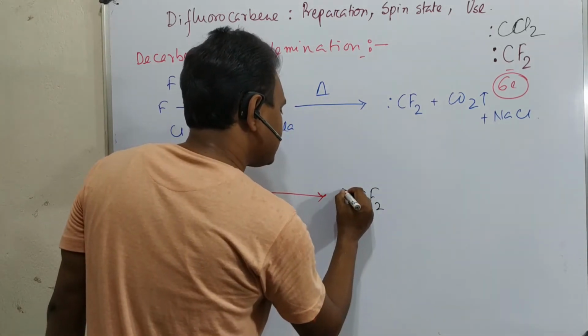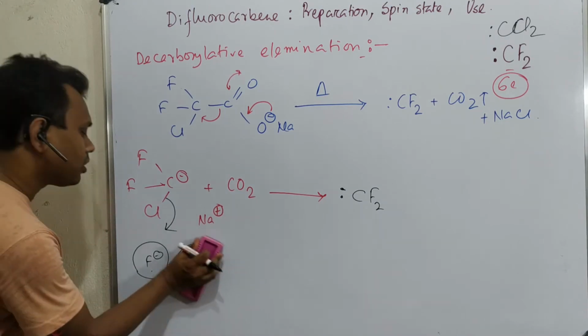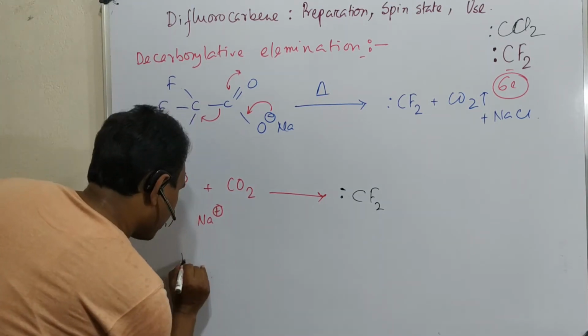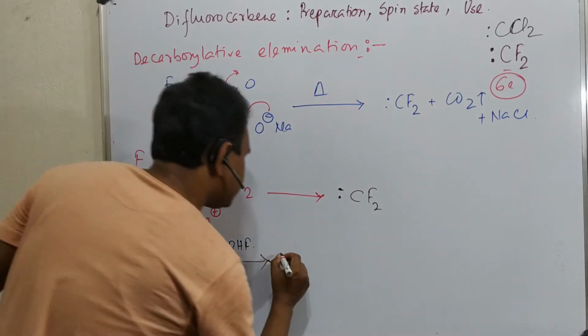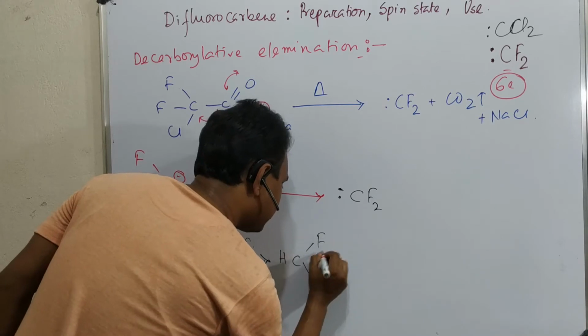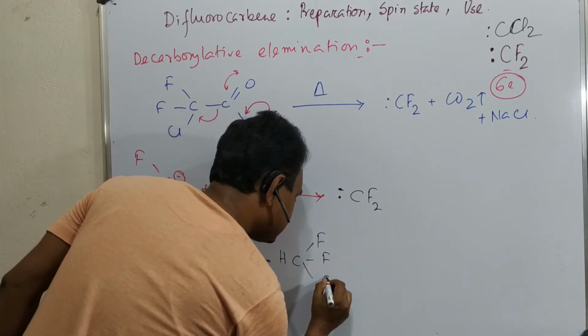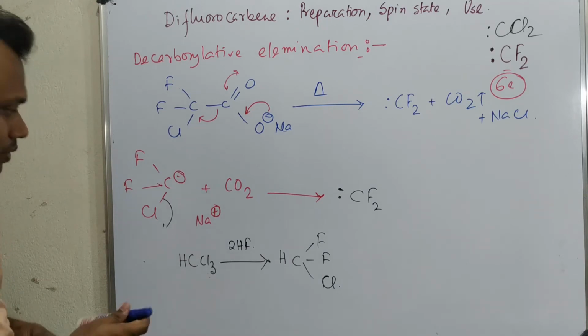Now, in this way it could be prepared, and by the way there is another method to prepare this. Chloroform reacts with 2 HF, and what does it produce? HCF2Cl. Now you can see a similar type of thing.